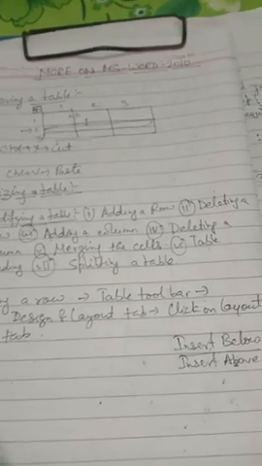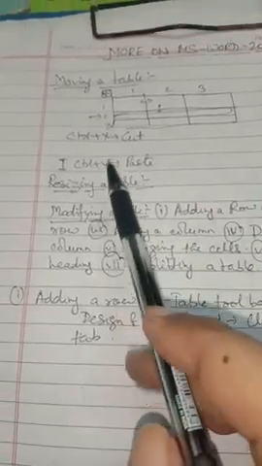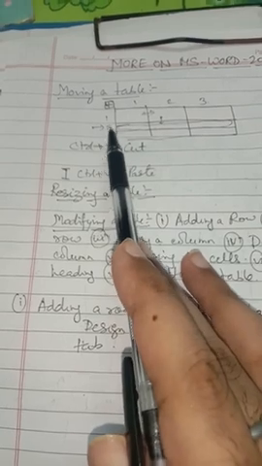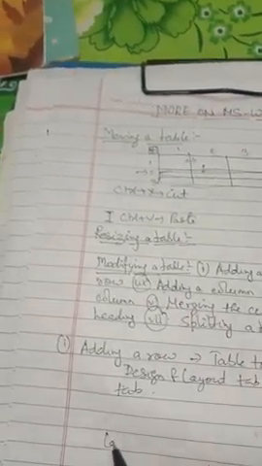Now when you want to delete a row, what are the steps that you should perform? First of all, click on the row which you want to delete. Suppose I want to delete row number 2. So click on row number 2, then click on the layout tab.